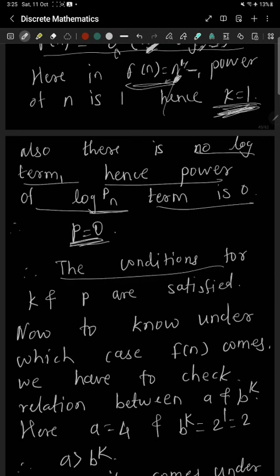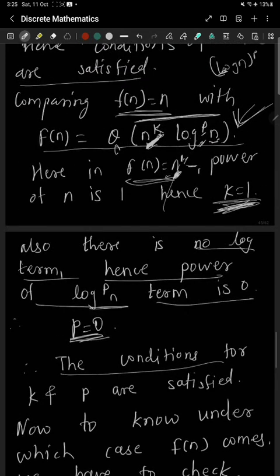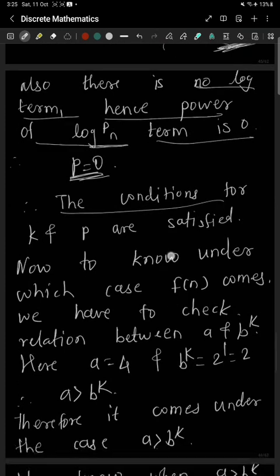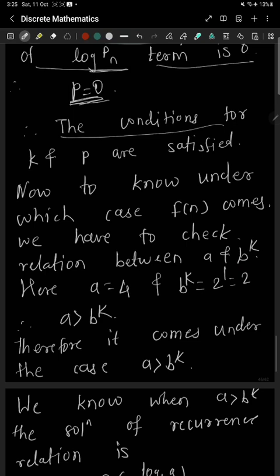Hence when we are solving a recurrence relation for T(n), we need to know a, b, k, and the value of p. We have got to know all these values. Now we are going to check the relationship between a and b raised to k. When we check that, we will know under which case, case 1 or 2 or 3, this problem comes.